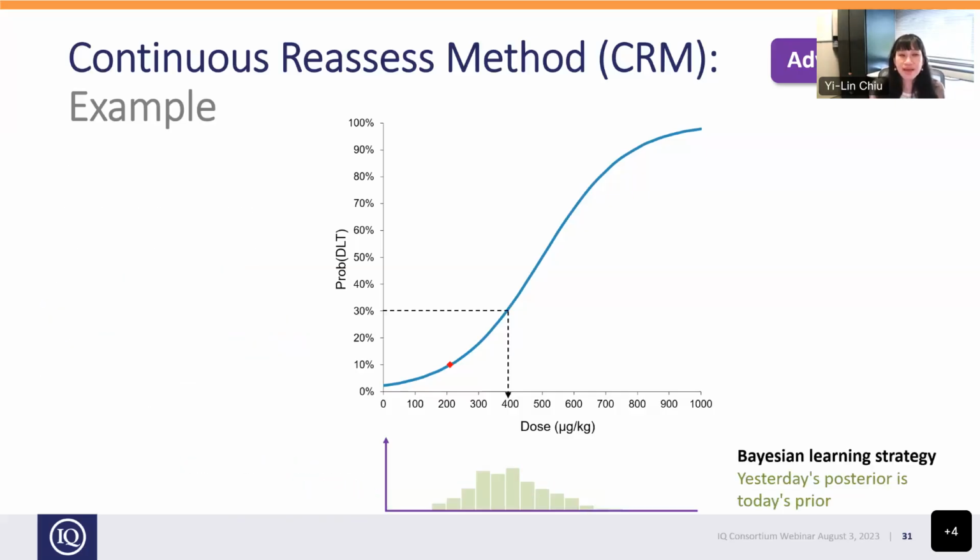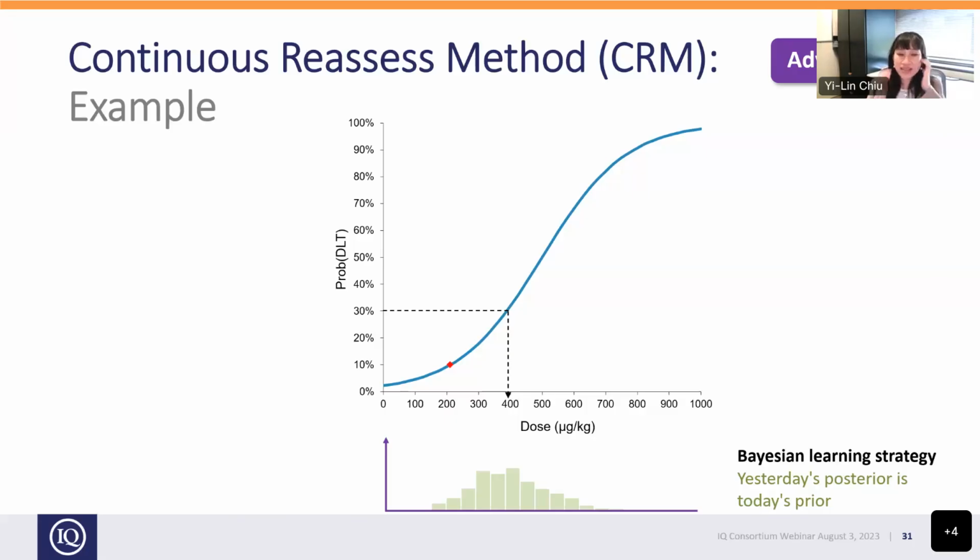Then a very famous statement in machine learning is that the learning strategy is that yesterday's posterior is today's prior. So as you can see, the purple bars become green now, preparing for the next step.